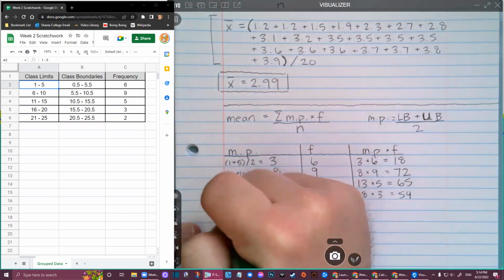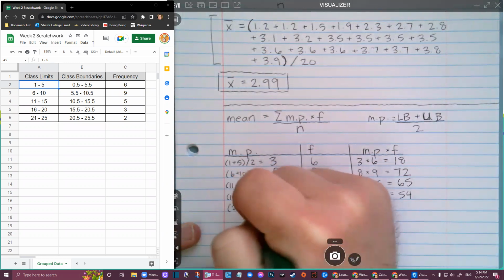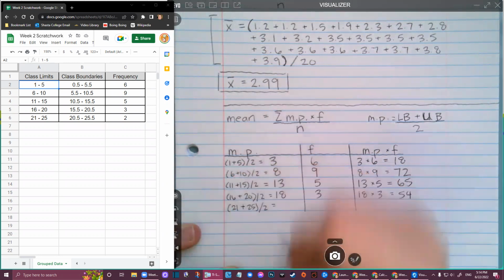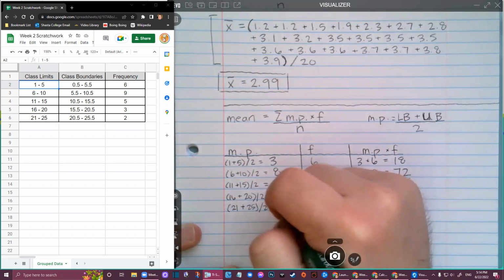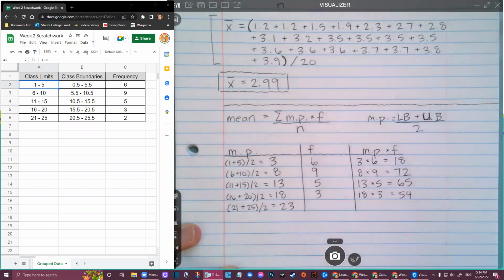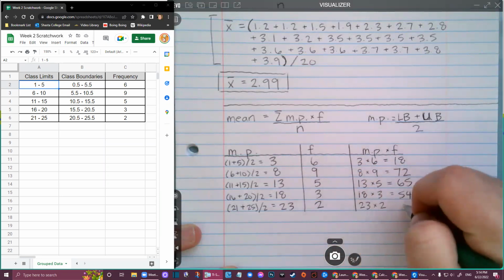And then the last one, we have 21 plus 25 divided by 2. That is 46, which divided by 2 would be 23, and our frequency of 2, and 23 times 2 is equal to 46 again.